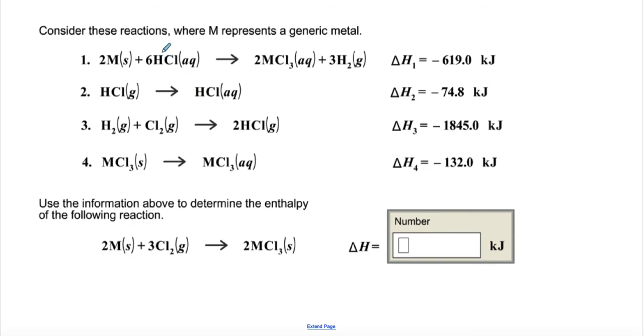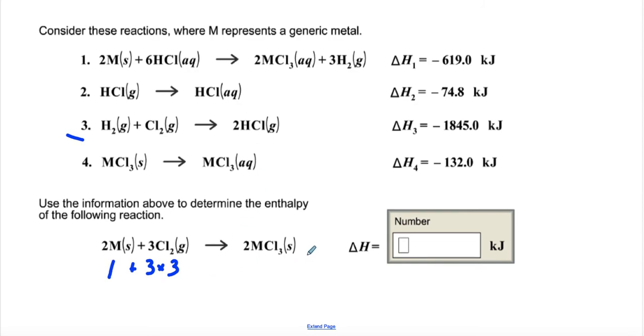And we've got to say, okay, how can we get from these reactions up here to the overall reaction? Well, I need 2 M's, and I see that reaction 1 has 2 M's, so I need reaction 1 in the forward direction. I also need 3 Cl2s, and I see that there is a Cl2 over here. There doesn't look like there's any other Cl2s, so I need 3 of reaction 3. And then MCl3, hopefully all of those would be formed. I may not need the other ones here.